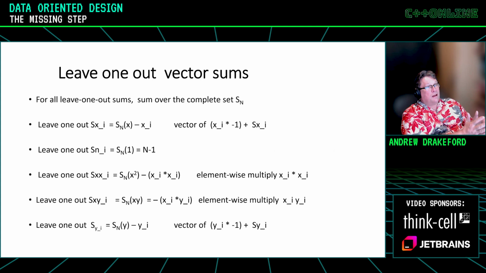In this case, sum over the top row, we've got sxi is a sum of x, which is a scalar, minus xi. But if that was a vector of xi, we'd end up with a whole vector of leave one out values. And this is what we can do in our implementation.